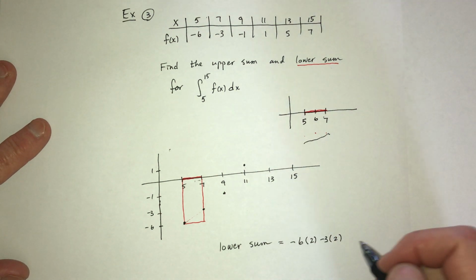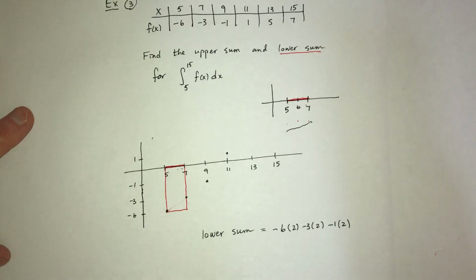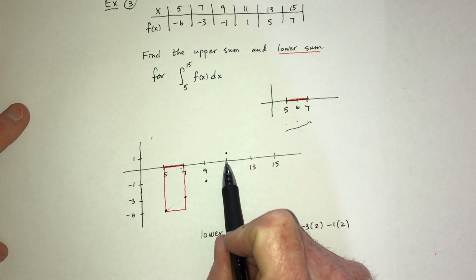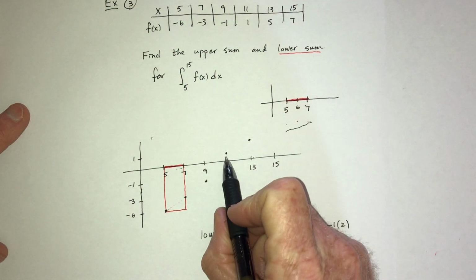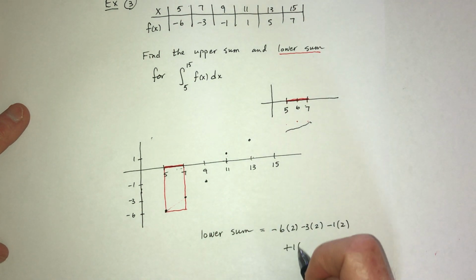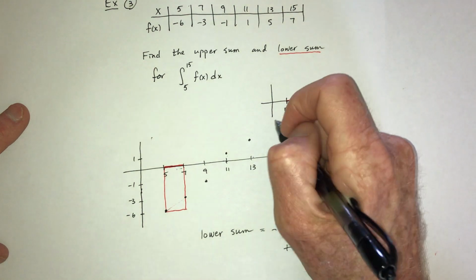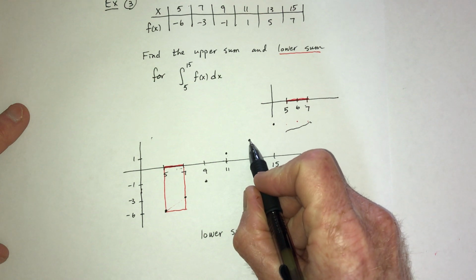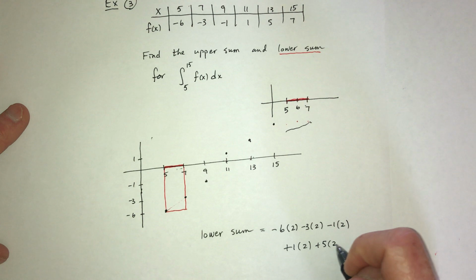So use -1, and the width is 2. And then between these two, for 13, it's up here at 5. So the lower one is this one. That's going to be 1. So +1 times the width of 2. And then for 15, its dot is up here at 7. So the lower one is that one. So use the 5. So +5 times 2.